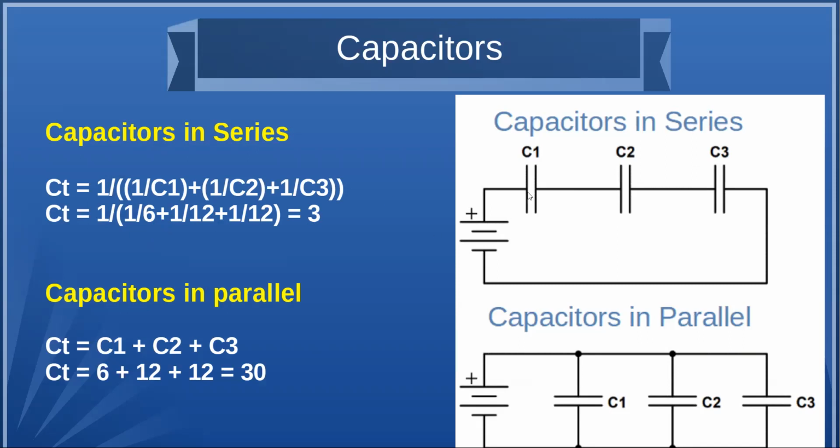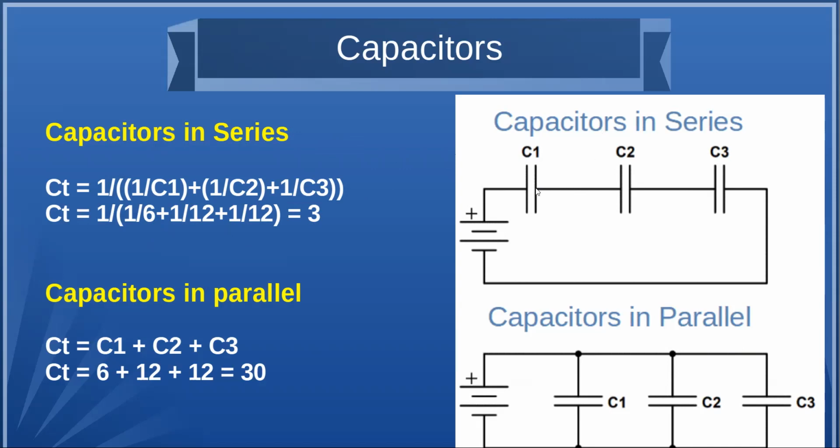Now, sometimes on a test, they'll give you two capacitors in series with the same value. There, you don't have to go through all that. You just multiply them and divide by the sum, and you come out with basically half.